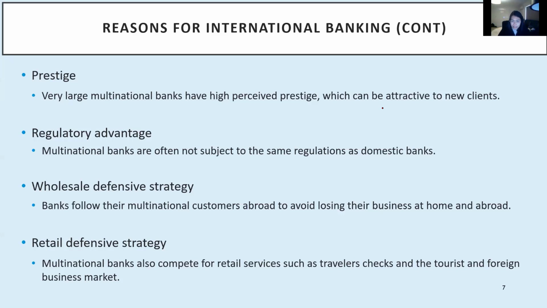Having business overseas also helps you serve your retail customers better, okay? For example, Commonwealth and ANZ used to have an Asian banking arm. So if you have a card with ANZ or Commonwealth, you used to be able to withdraw your money in Vietnam, for example. So it gives retail customers a bit more flexibility.